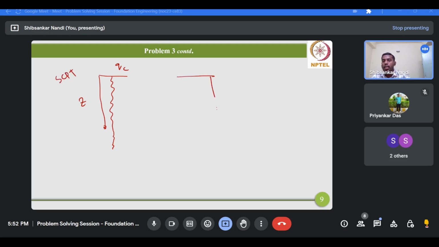However, SPT is basically done at some regular interval, suppose 1.5 to 3 meter. So here we have obtained the SPT N value, here, then here. So these are discrete data points. So this is one advantage of the SCPT, that we can get the continuous record, but in case of SPT it's not possible.